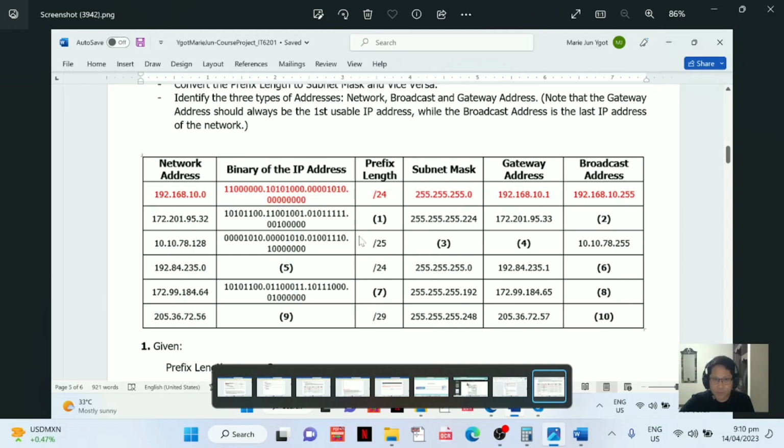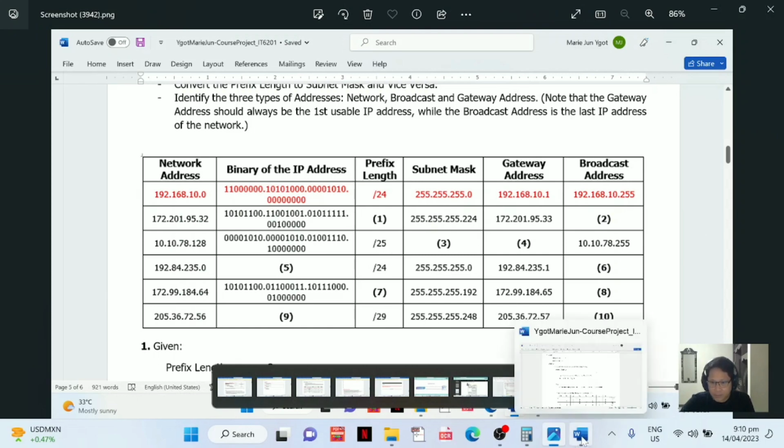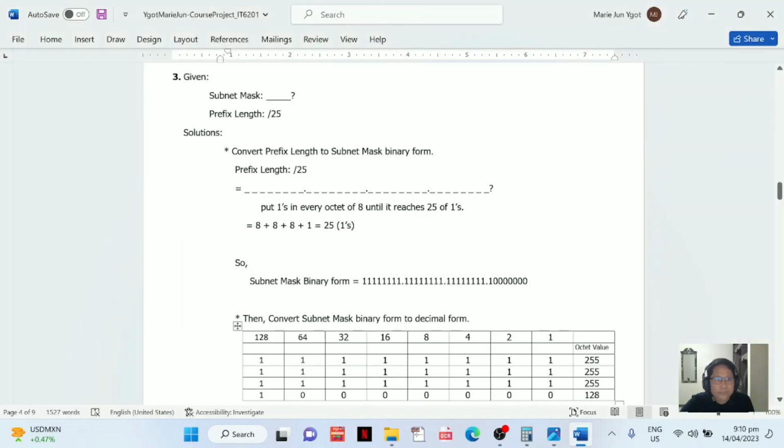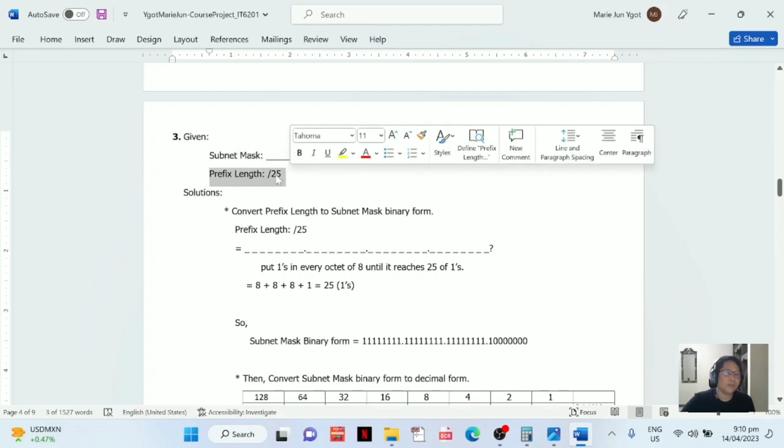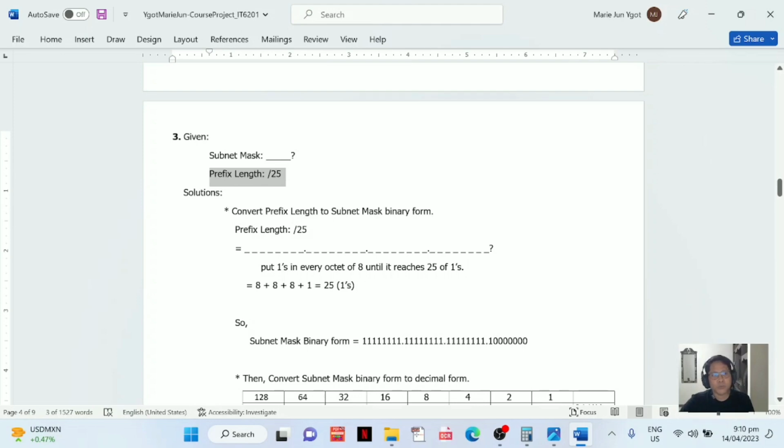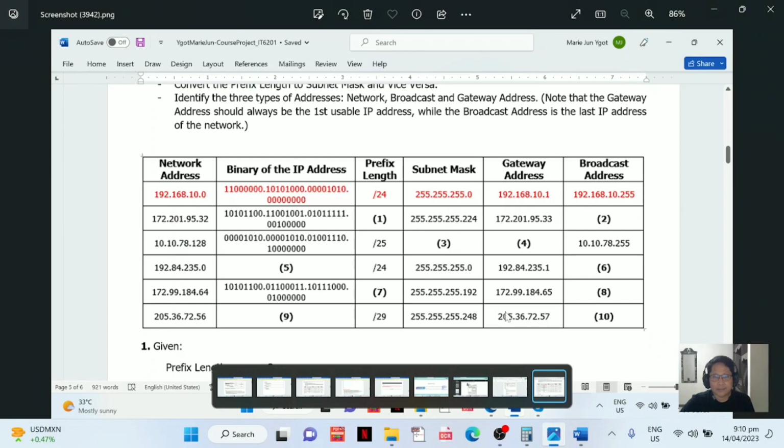The prefix length is 25. So let's go back. Okay, so we are going to find the subnet mask, and our given is prefix length 25. So this is all we need in order to find the subnet mask.